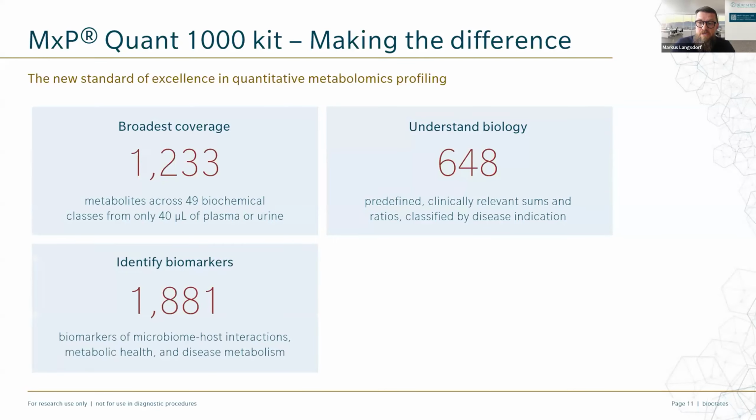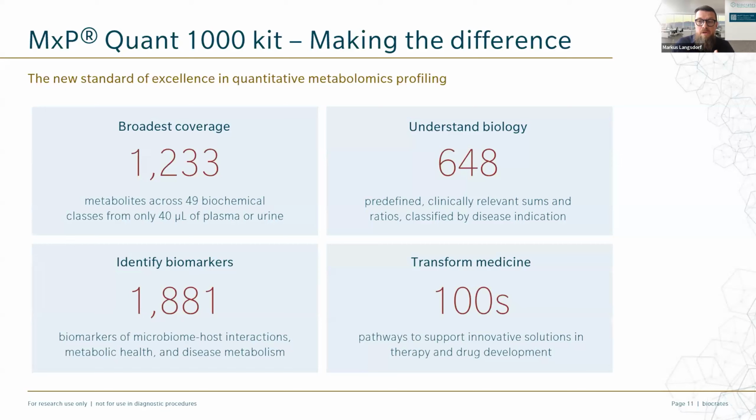And this coverage of metabolites and its sums and ratios results in 1,881 biomarkers, as every measurement, be it a metabolite or a ratio or a sum of metabolites, is a potential biomarker. And with this, we are reaching a new era in targeted quantitative metabolomics.